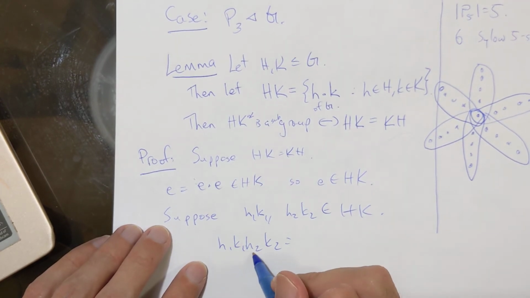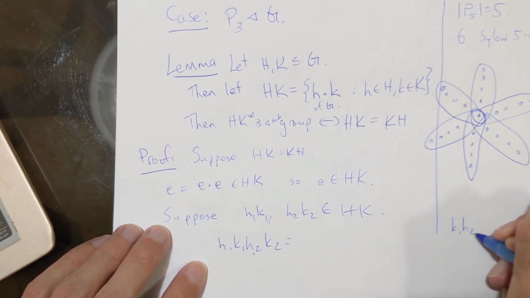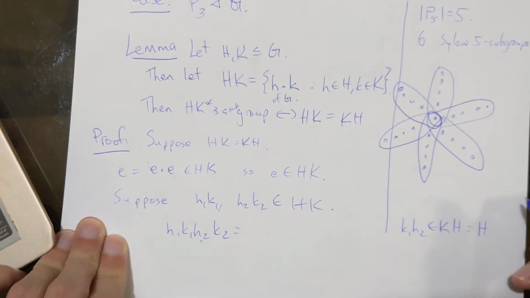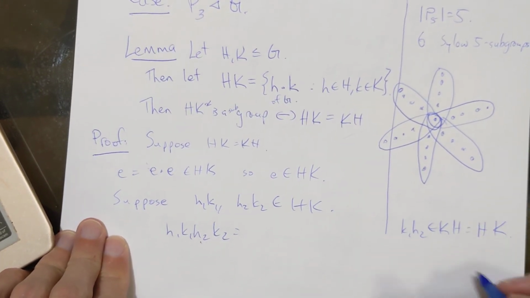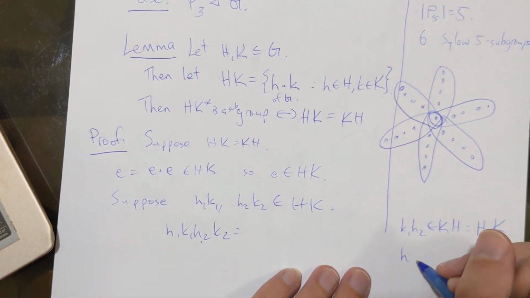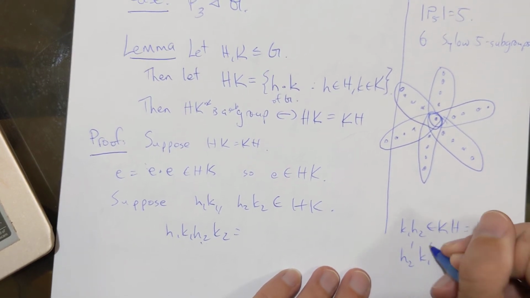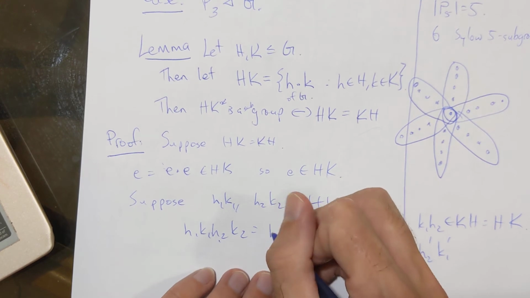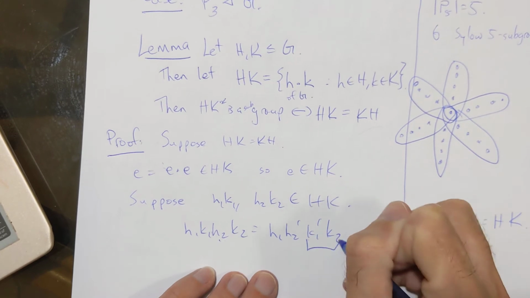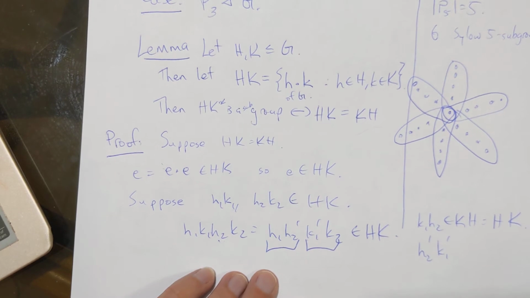Well, k1h2 is in KH, and by assumption that's HK. So we can write k1h2 as h2' k1', and then we have h1 h2' k1' k2. This is in K, this is in H, so this is in HK.